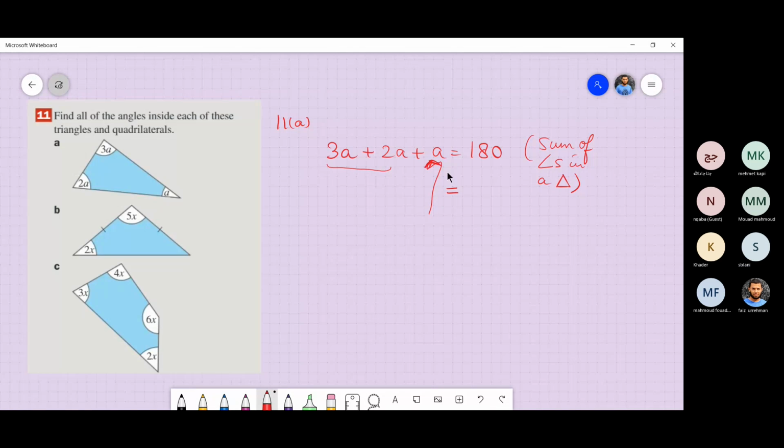When you don't see any number, what can we assume? We can assume 1. So you can make it 1A if you like. So what will be 3A plus 2A plus 1A? 6A. So 6A should be equal to 180, correct? Yes. So A will be how much?